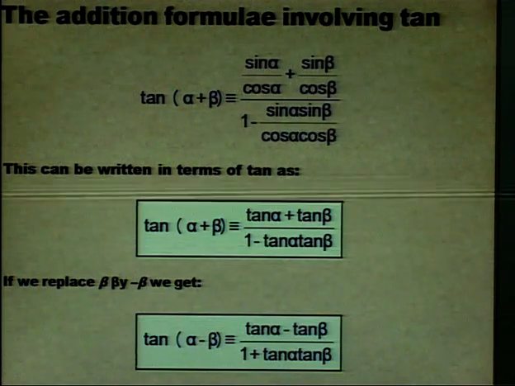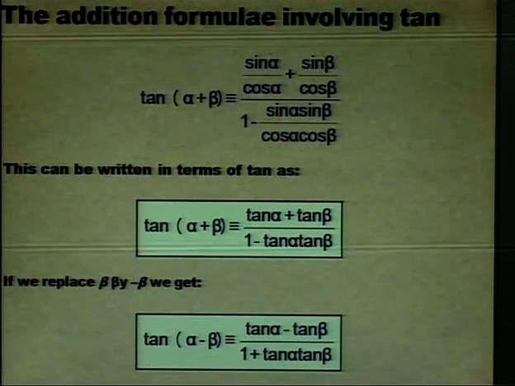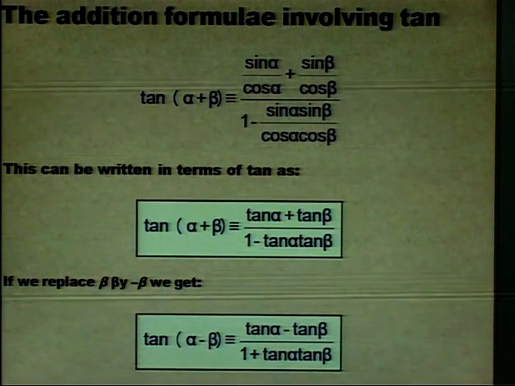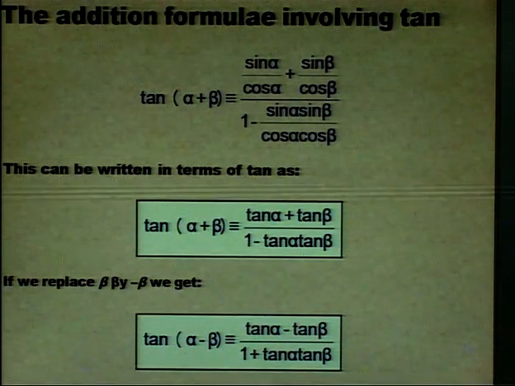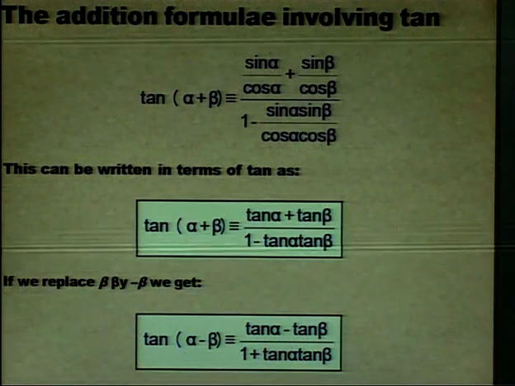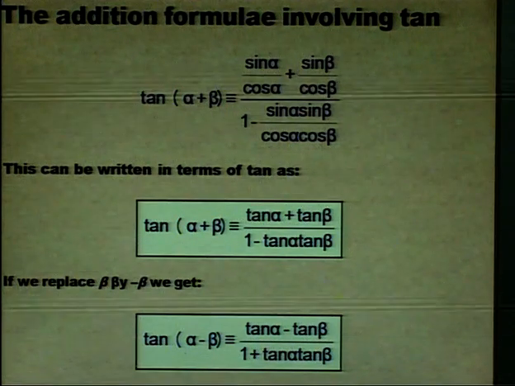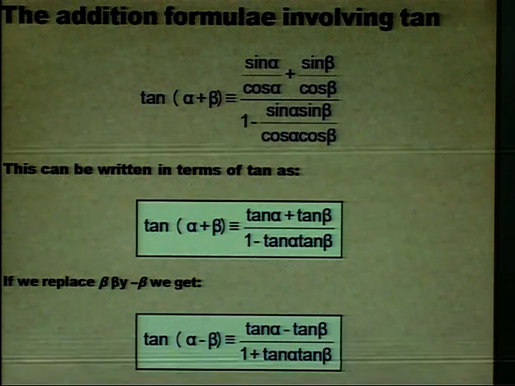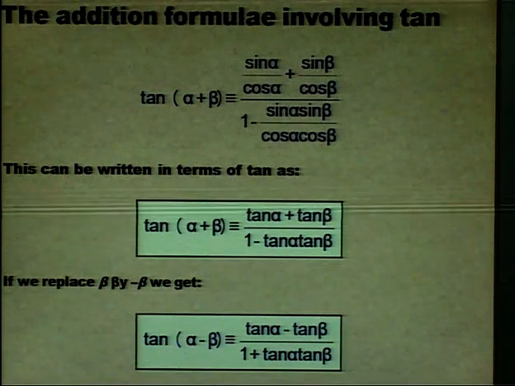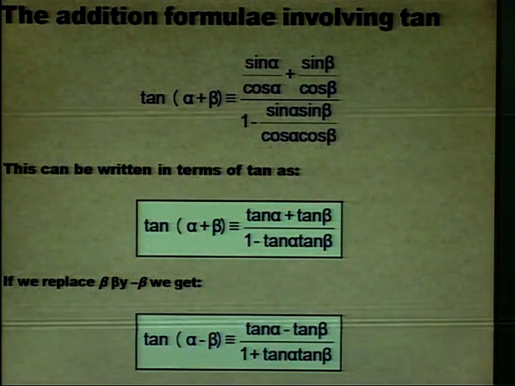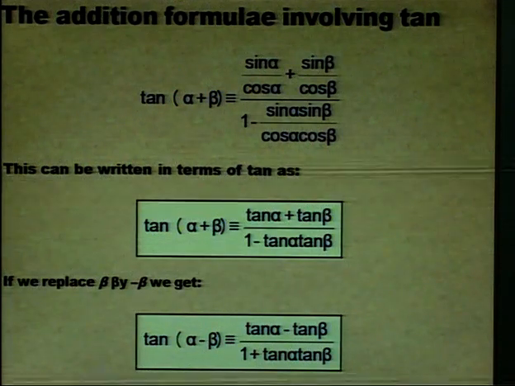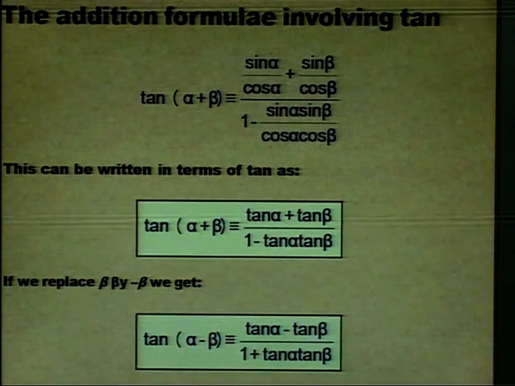Here, in the tangent of alpha minus beta case, I could have taken sin alpha minus beta upon cos of alpha minus beta, and by dividing numerator and denominator by cos alpha cos beta, I would get the same expression which I have obtained by replacing beta by minus beta.